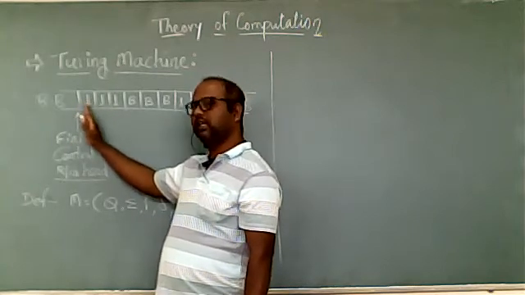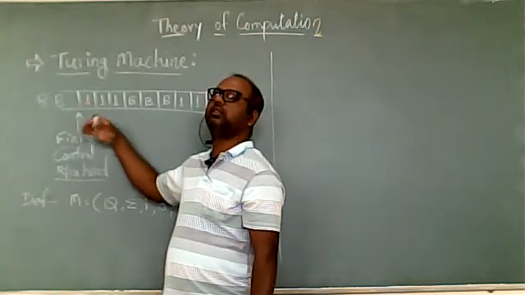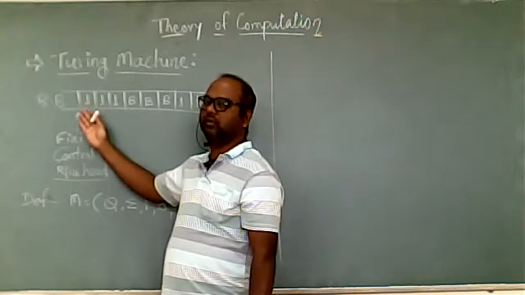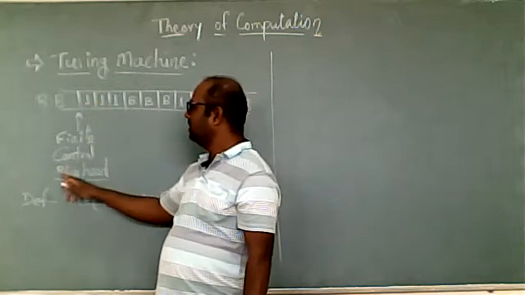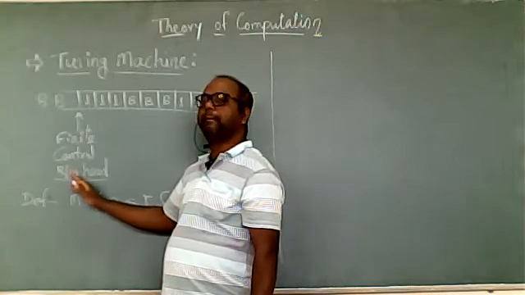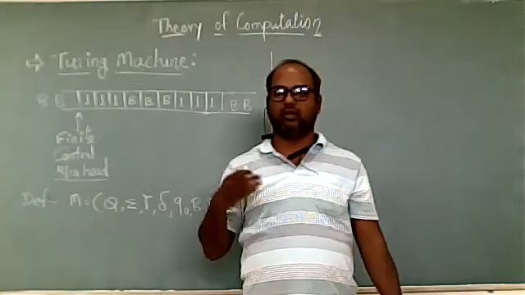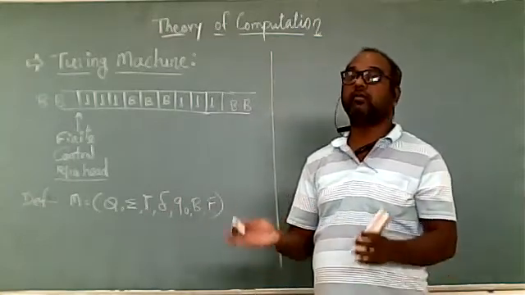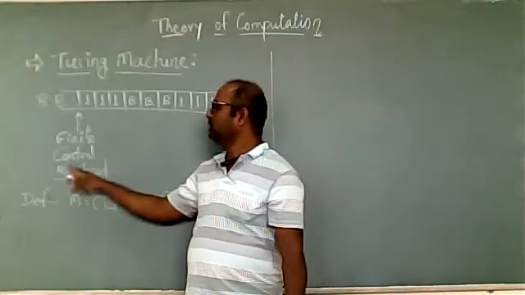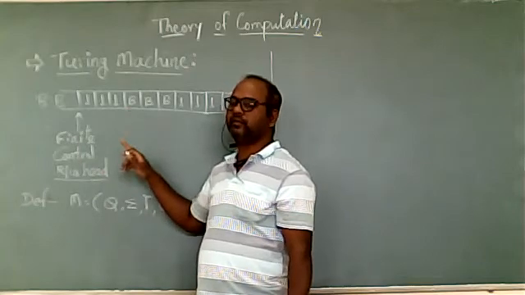It can keep one as it is, or it can replace this one with some other symbol. So this is called a read. It will read the input one. Again, it is capable of writing a new symbol onto the tape, so it can also modify the input. That is the power of the finite control, the read write head in the Turing machine.